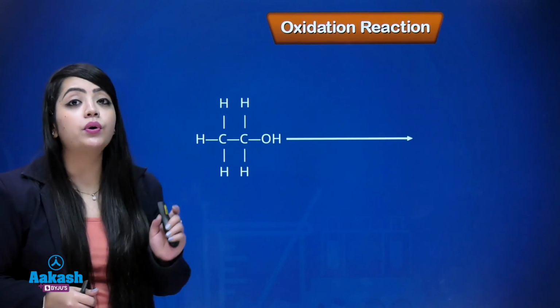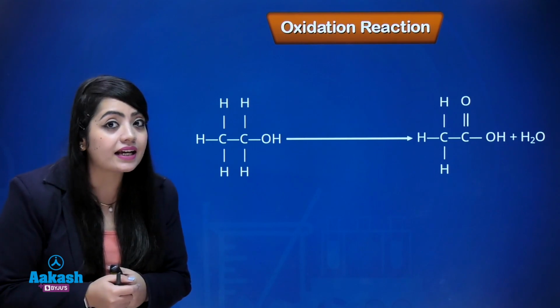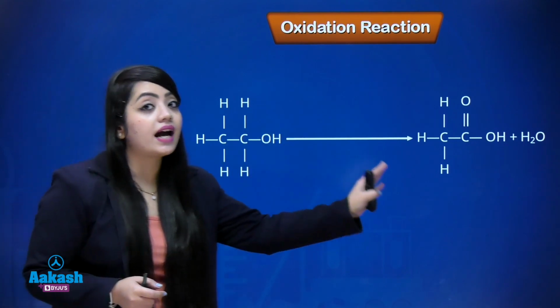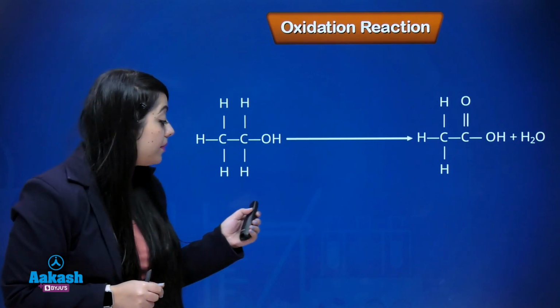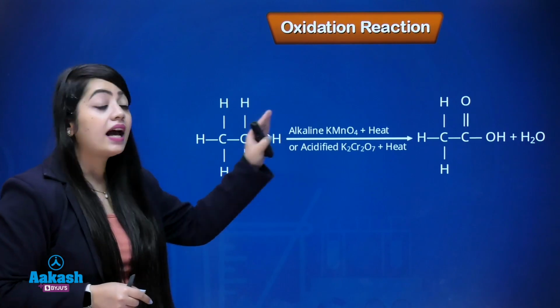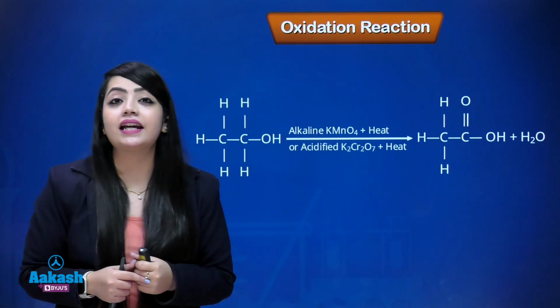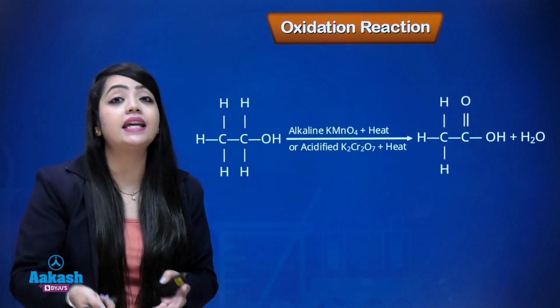Now if I want to convert and oxidize it into carboxylic acid, that is ethanoic acid, what do I need to add? Yes, you're absolutely right. The oxidizing agents we just studied are the same ones we are going to add here. You can either add alkaline potassium permanganate or you can add acidified potassium dichromate, right? And we have to heat the solution.